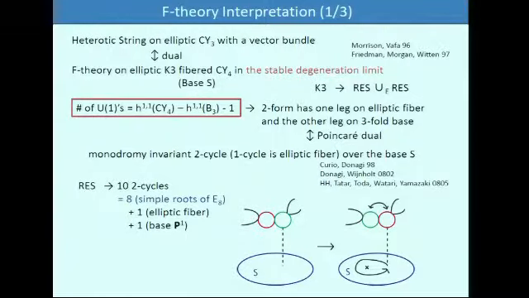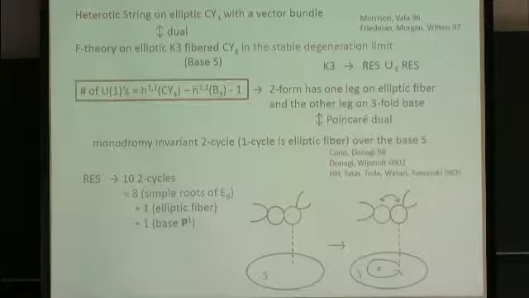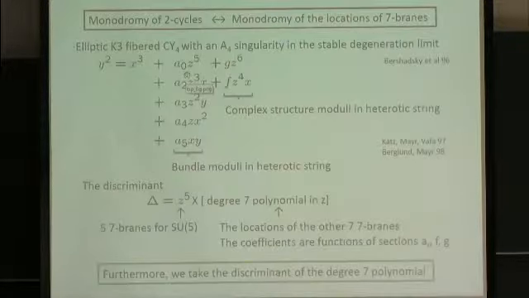So we have to find how many monodromy invariant two-cycles remain in our parameterization, and if we find this monodromy invariant two-cycle, then we can say that there is a U(1) symmetry corresponding to this component. So okay, thanks.